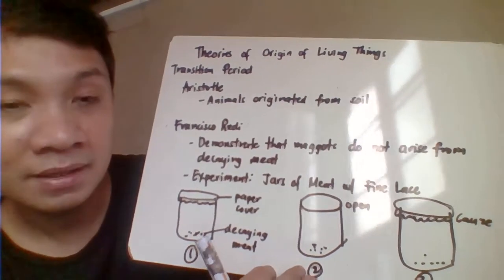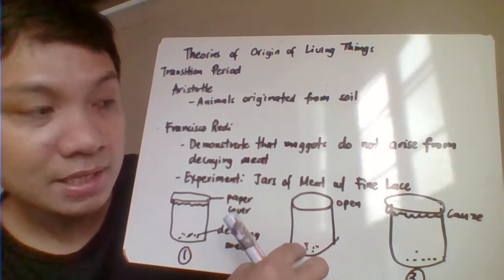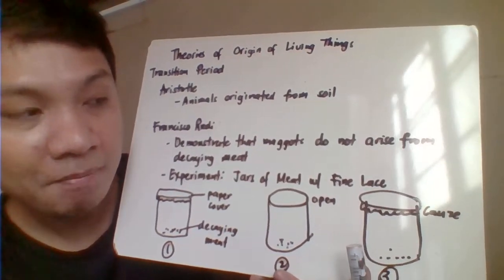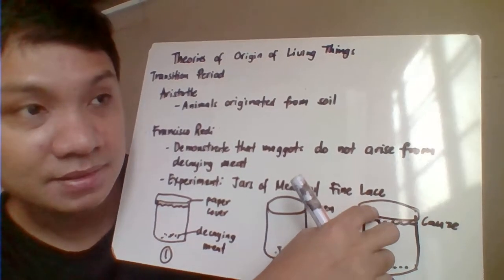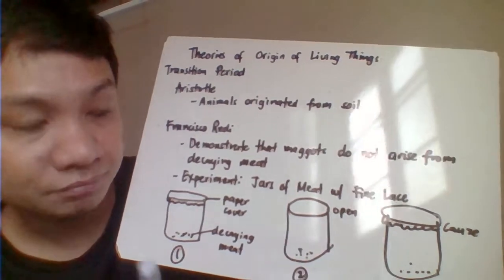And this one, since open siya, the maggots grew on the decaying meat. And on the third one, the maggots were able to grow, only that the maggots are on top, on the cover, not on the decaying meat itself.